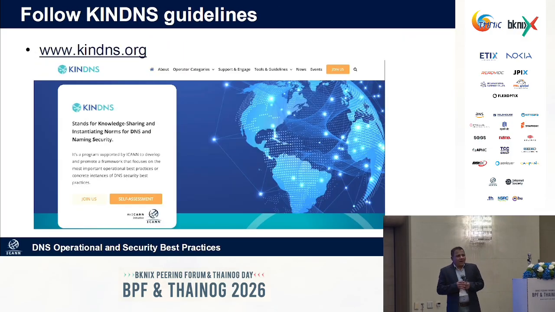All these things that I discussed are built into this framework called KINDNS, right? If you go to kindns.org, you can do a self-assessment if you want to see how your organization's DNS infrastructure is, whether you are missing something.